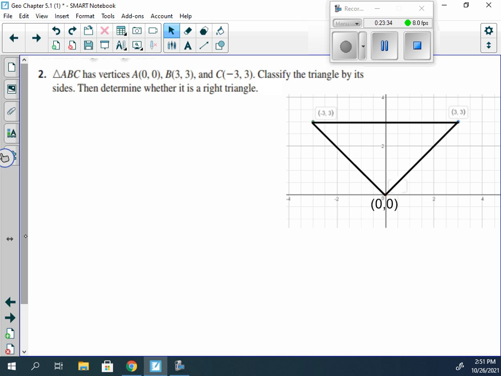Let's look at this one here. We need to classify the triangle by its sides, then determine whether it's a right triangle. So we have A at (0, 0), B at (3, 3), and C at (-3, 3).